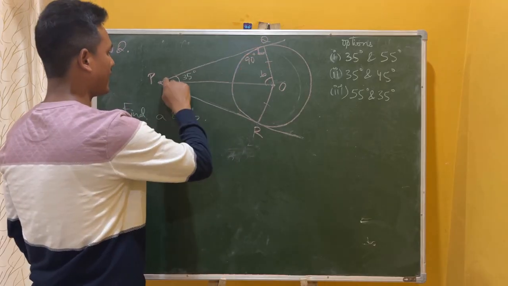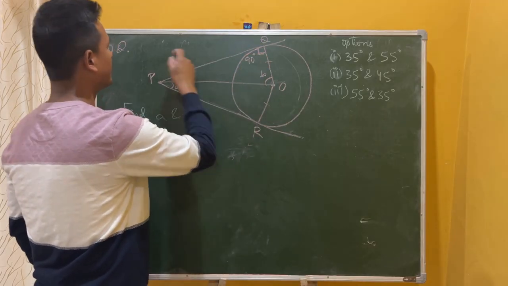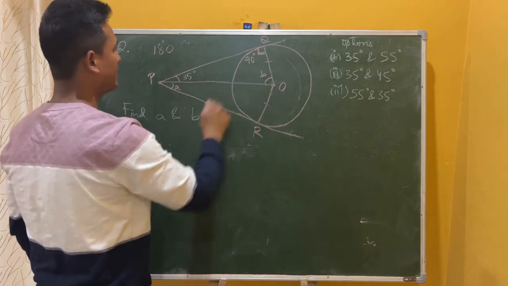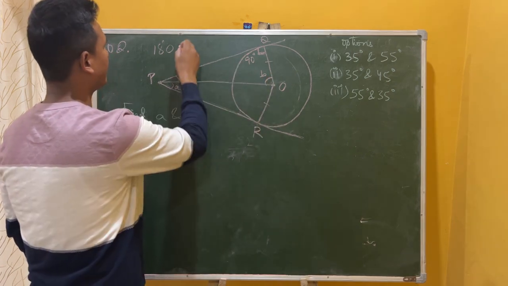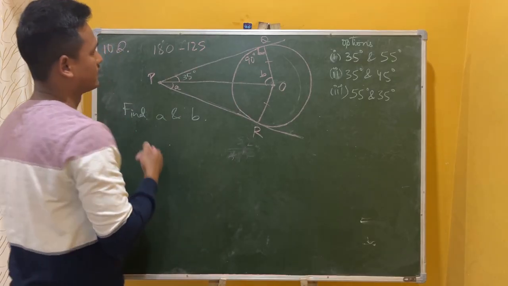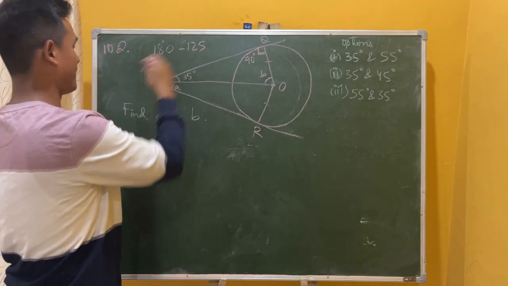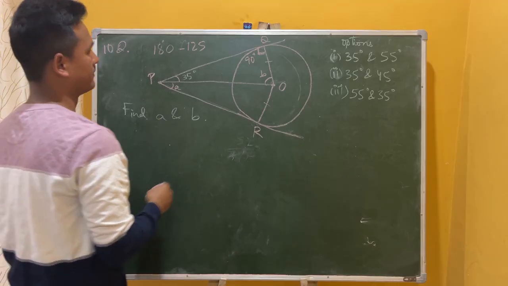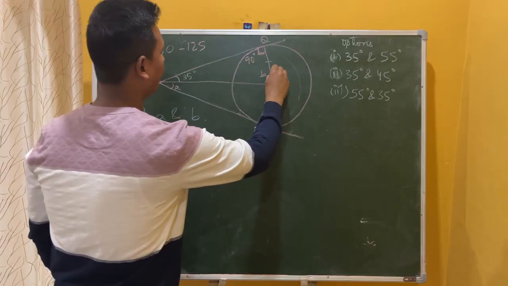So the sum of the angles in a triangle is 180, right? This much is 125. So how much is B? B is 55.